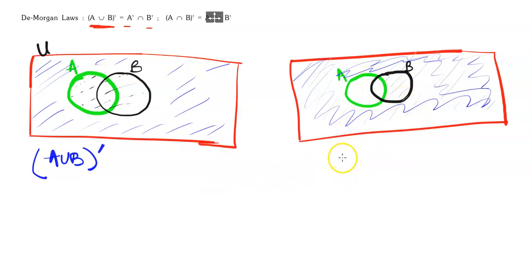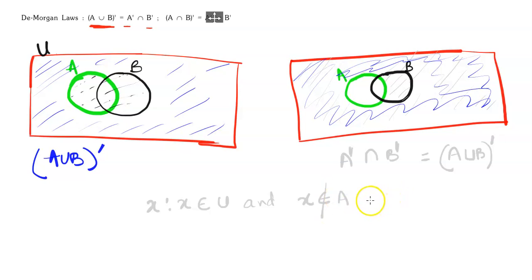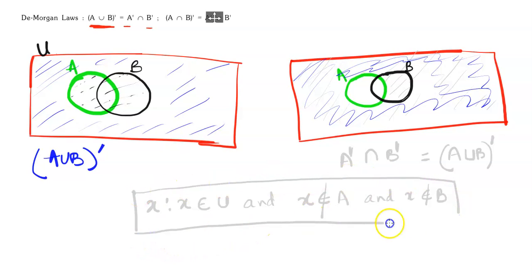So A complement intersection B complement is the same as the complement of A union B, which is basically X such that X belongs to the universal set and X does not belong to A and X does not belong to B. This is De Morgan's law 1.